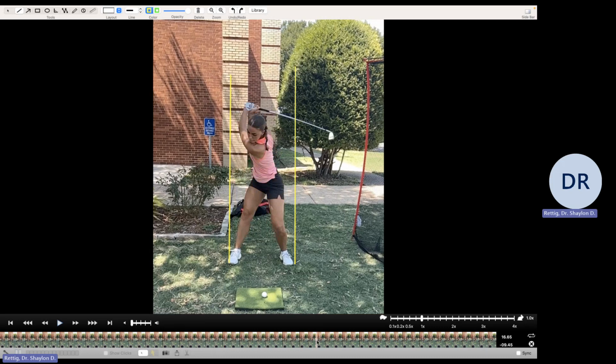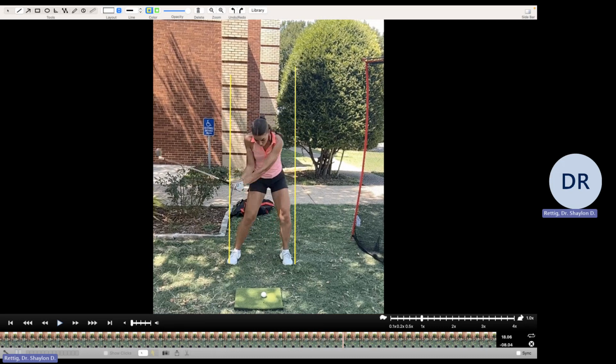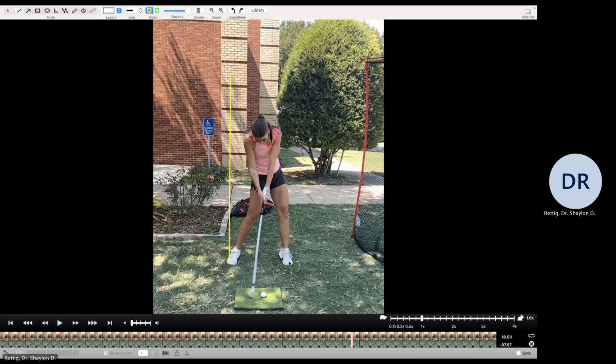But the other thing I'm looking for is, are you what we call hanging back? This kind of goes along with that pressure and weight shift. So as I get you here, many times we want you, let me redraw the line, to close that gap at this point.